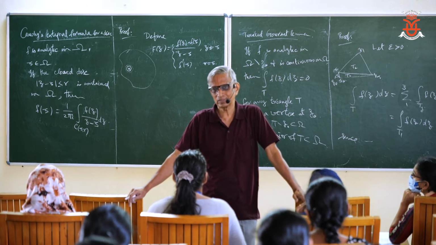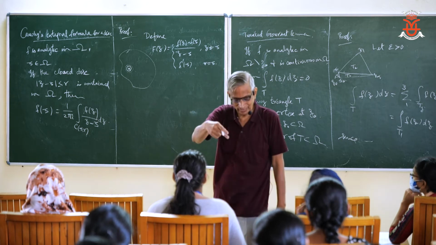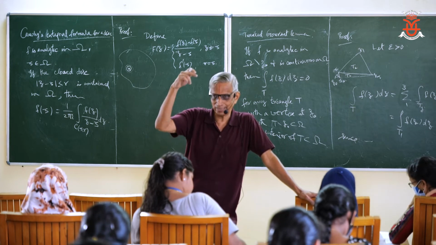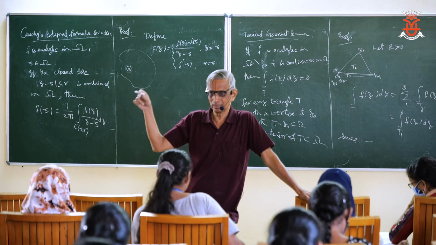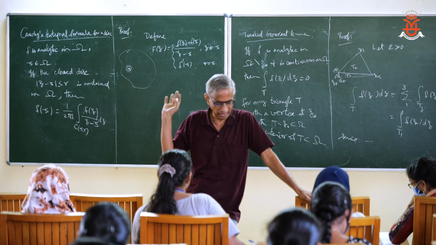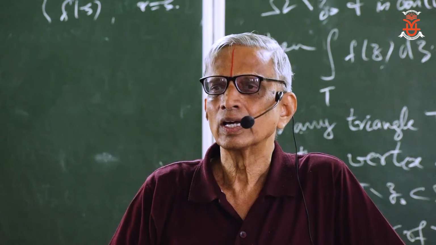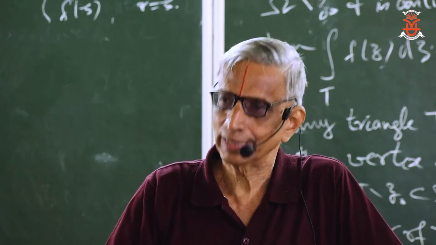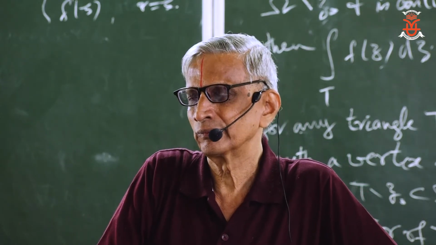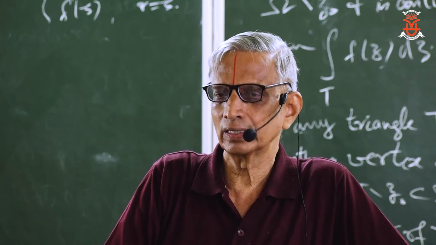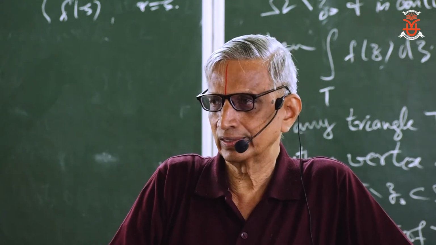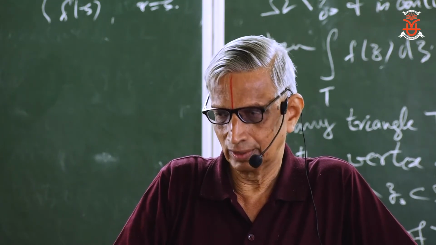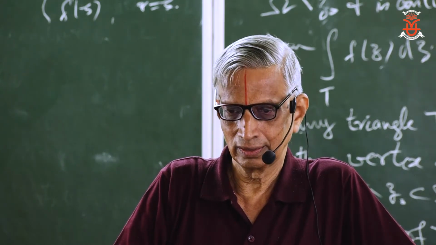So look at the statement of that theorem. You have a function which is analytic in omega except at some point, in this case zeta, Z naught earlier, and also continuous at that point. Then what is the conclusion? The integral of the function is 0 along any closed curve, right?